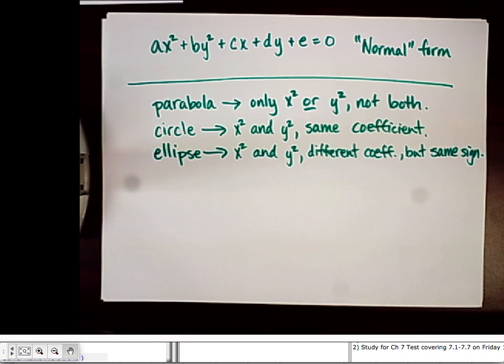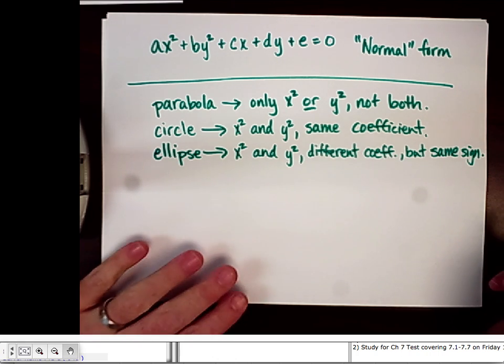So what I mean by that is the coefficient of x squared and the coefficient of y squared are different, but they're either both positive or both negative. But you may think, well, I thought in an ellipse they had to both be positive. Well, if they're both negative and you multiplied the whole equation by -1, they'd both be positive. So technically they're both supposed to be positive, but if they're both negative, you could get that really easily. So that's an ellipse.